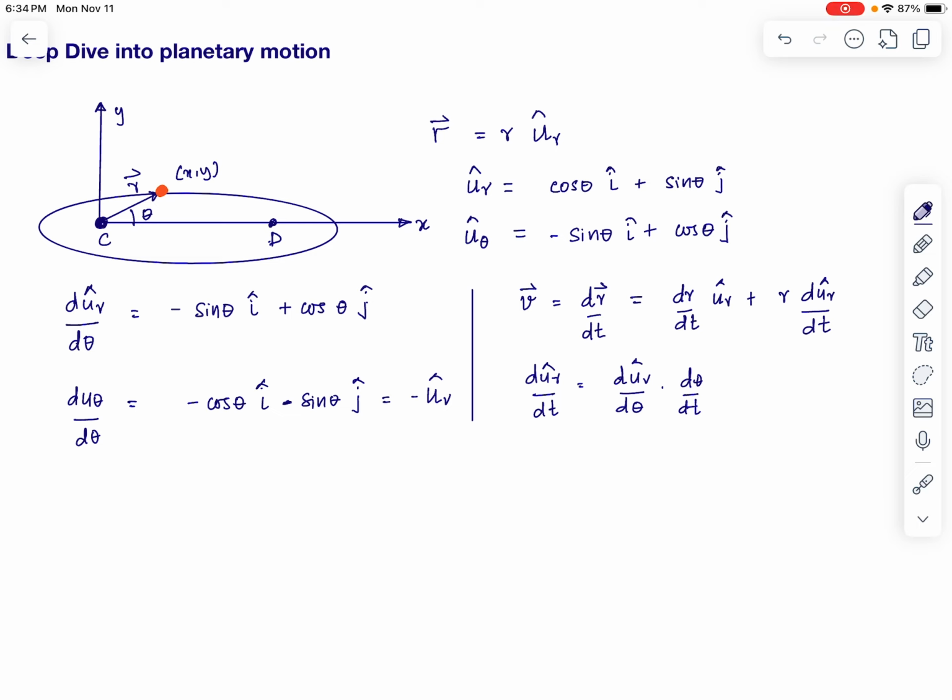And d theta over dt is called theta dot, and dur over d theta is nothing but u theta, because if you look at this expression, dur over d theta equals minus sine theta i hat plus cosine theta j hat. That's exactly the same thing as this, and so we write this as u theta.